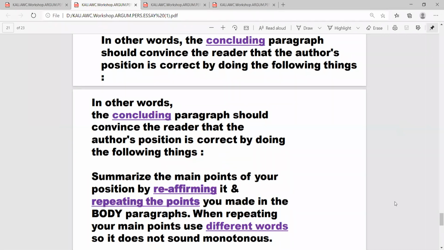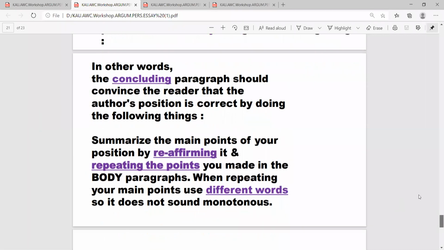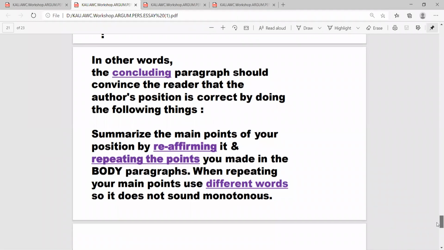And repeat again the reasons why I think so. Okay? So reaffirming the main points that you have used in the earlier previous paragraphs, but using different words. Again, so it doesn't sound monotonous, boring. You want to make the concluding paragraph a little more interesting.